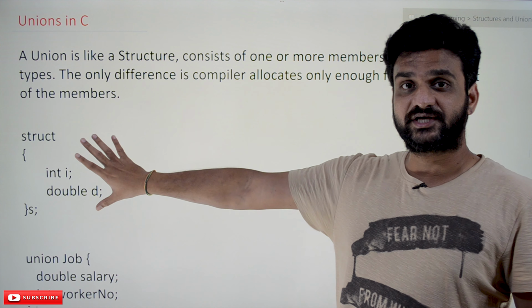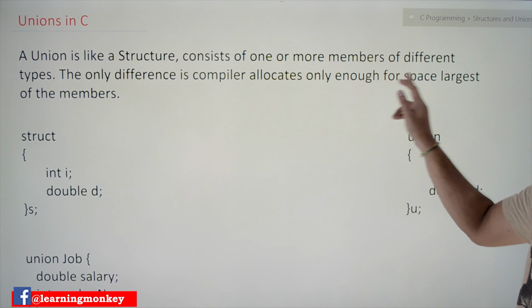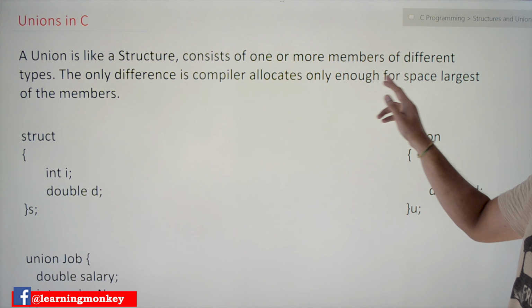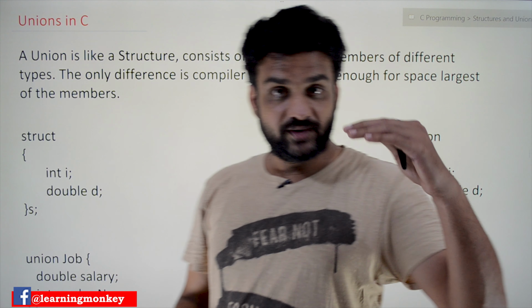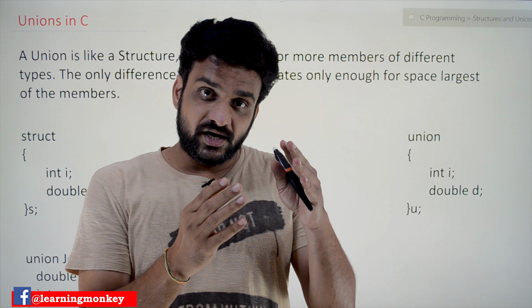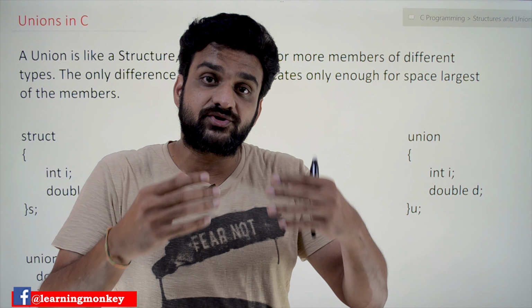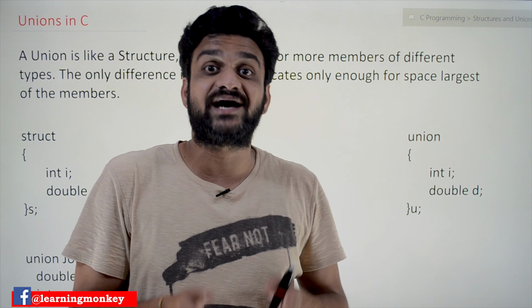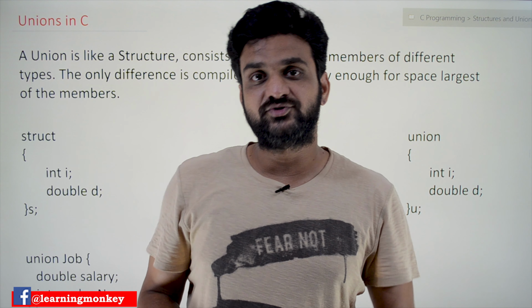All these features are the same, but the only difference is that the compiler allocates only enough space for the largest of the members. Whenever a union is found, the compiler is going to allocate the space for the largest member. Let's try to understand that by using our examples.